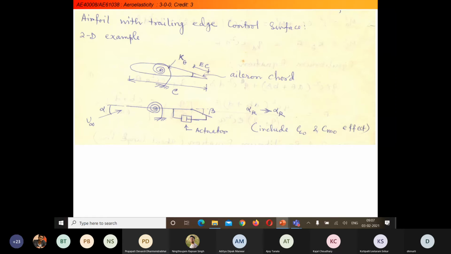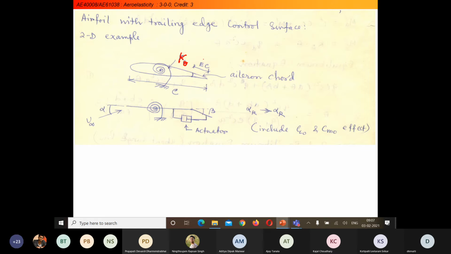Typically, we are considering it in this form. This is the whole wing that we have considered, with the torsional stiffness k theta, and towards the trailing edge we are taking the control surface.